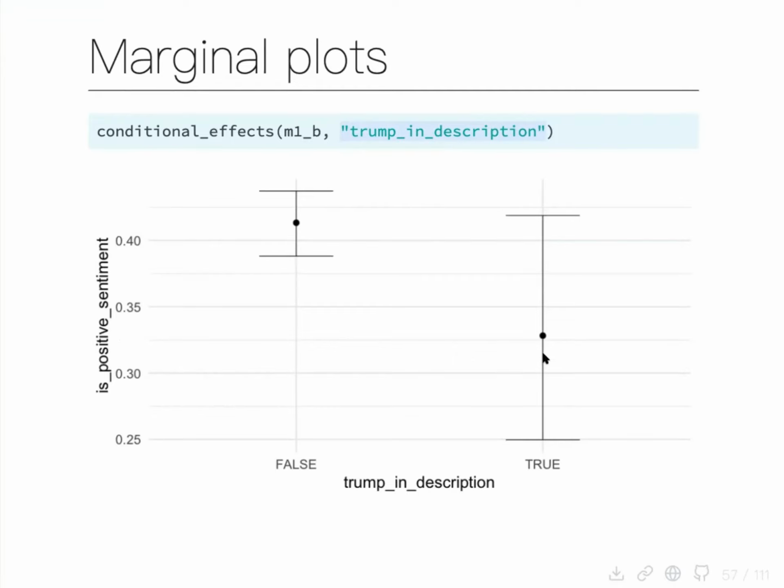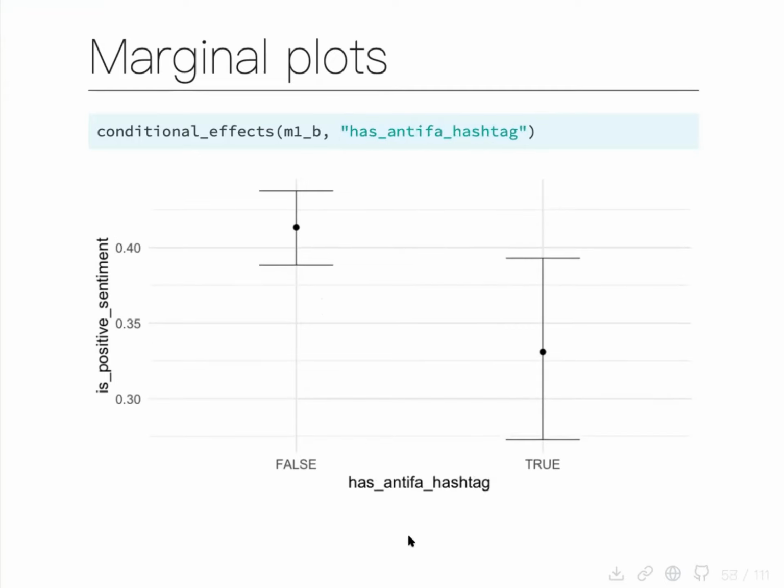And so here's our point estimate for true and our point estimate for false, so you can see the difference between those. You can also see that our 95% credible intervals are overlapping by quite a bit, right? So we would probably want to talk more about the probability of that difference, which there are slides on later. This is for has Antifa hashtag.